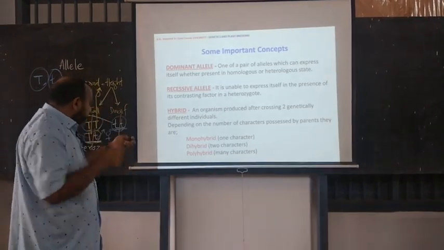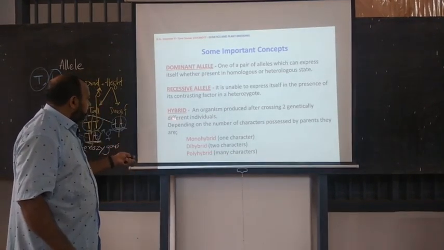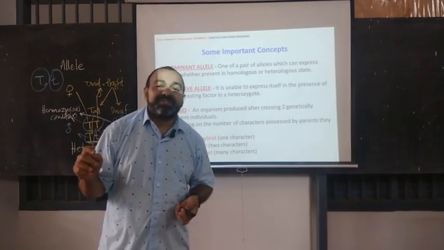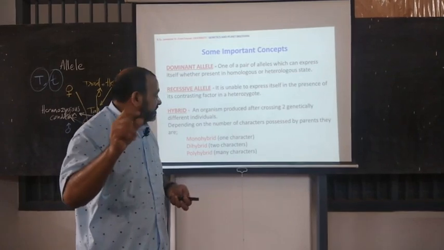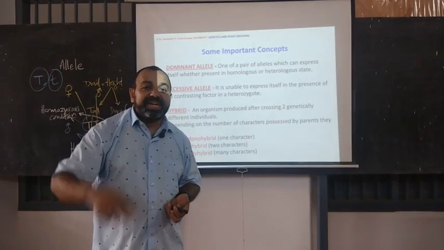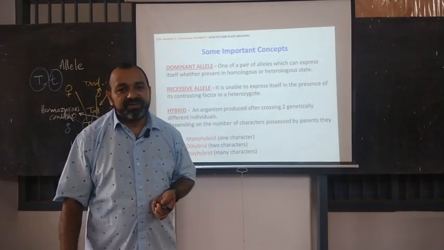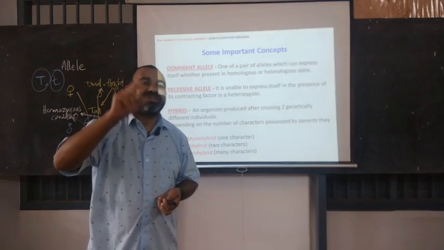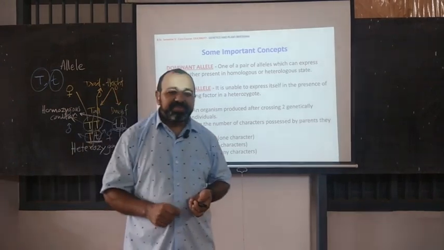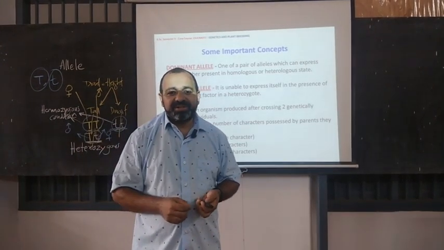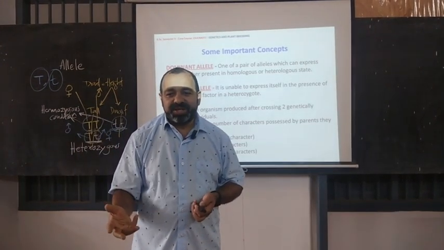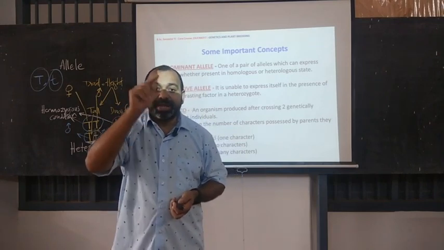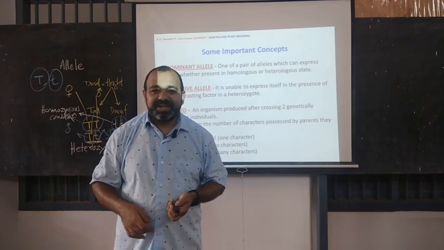And a hybrid, in simple terms, is an organism produced after cross-pollinating two genetically different parents or individuals. So two genetically different individuals are crossed, and a progeny is produced, and that progeny or offspring is called a hybrid.